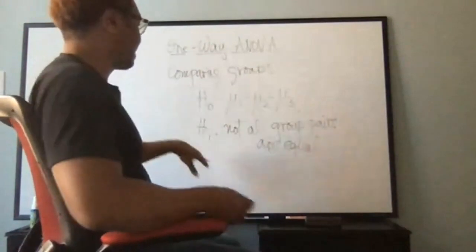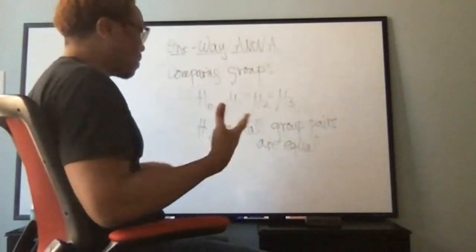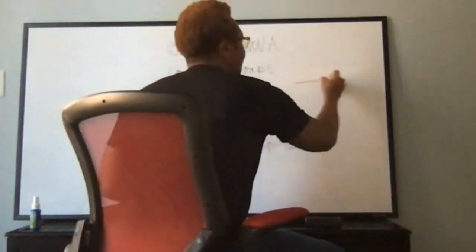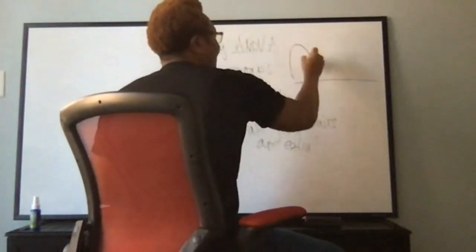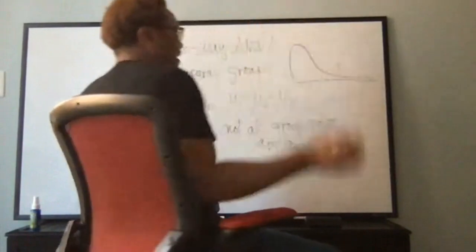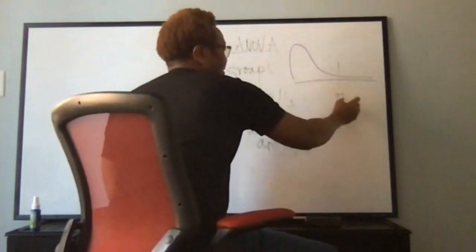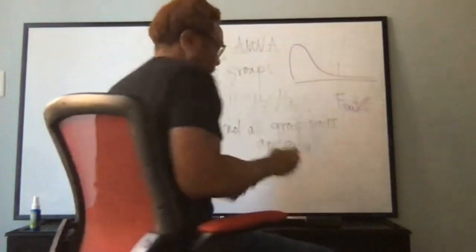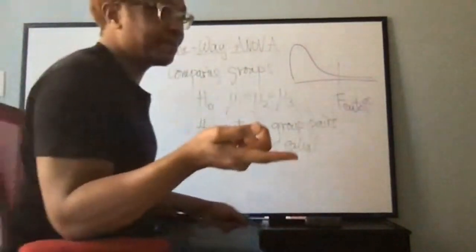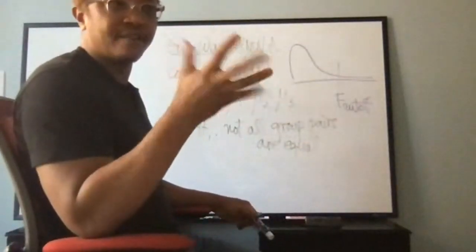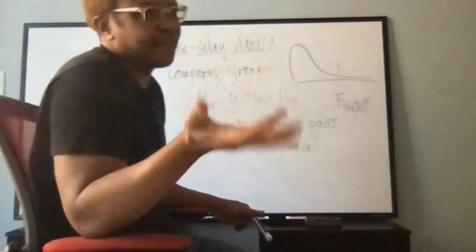And in the process of doing this, I know it's been a while, but you may recall that eventually what we're doing is comparing an F test statistic to an F cutoff, right? So let's say this right here is our F cutoff. And by the way, especially on this exam that you just took, a lot of you missed this.